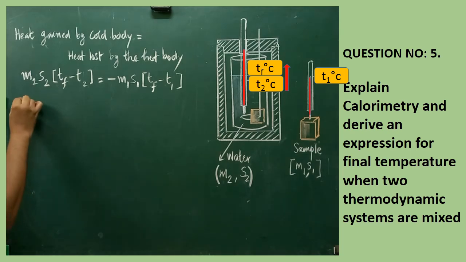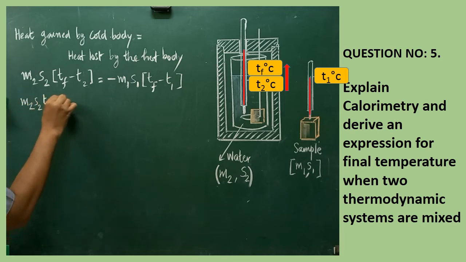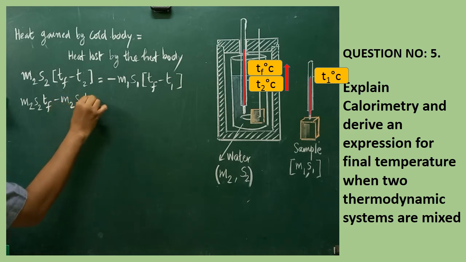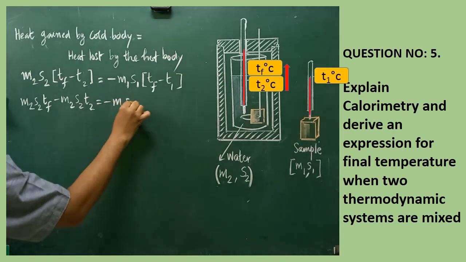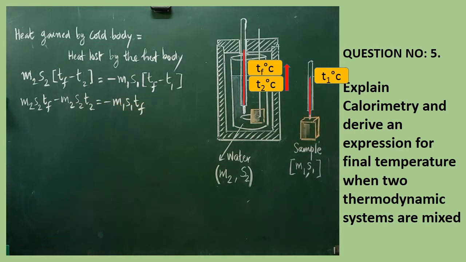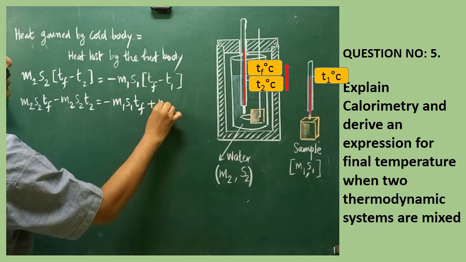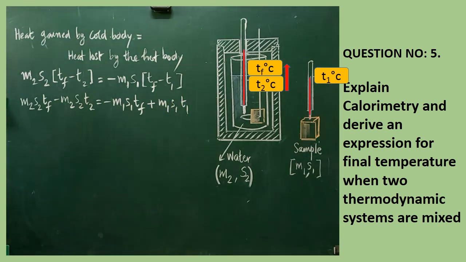So now multiply inside: m2 s2 Tf minus m2 s2 T2 is equal to minus m1 s1 Tf. Bring this negative sign inside, that becomes plus m1 s1 T1. Bring the Tf factors to one side.